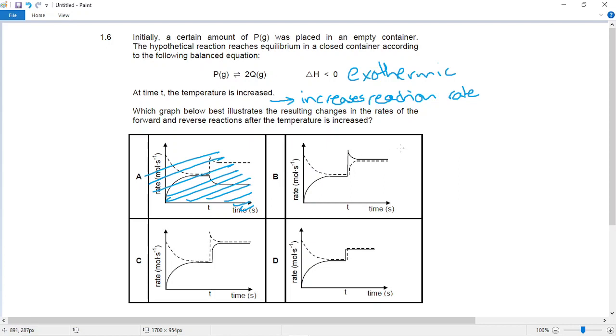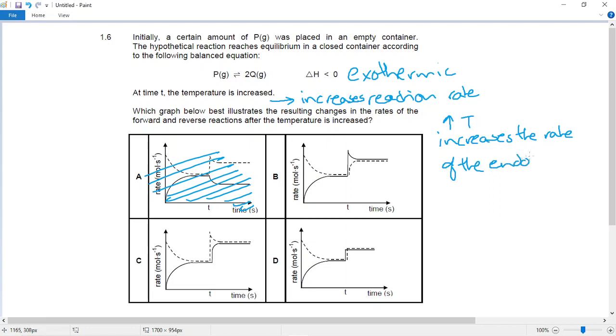An increase in temperature will always increase reaction rate. However, an increase in temperature increases the rate of the endothermic reaction more than the exothermic reaction.